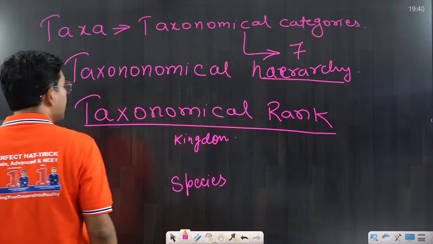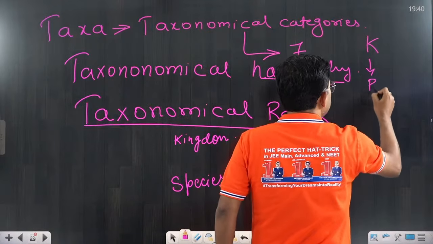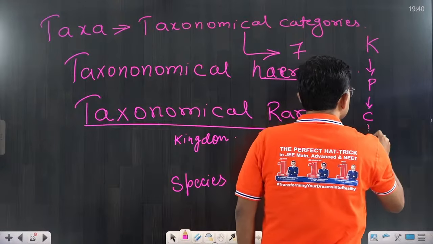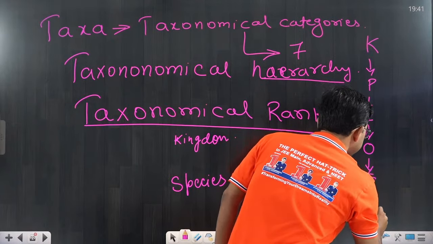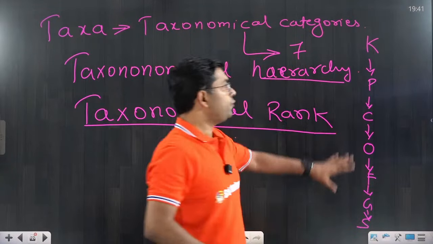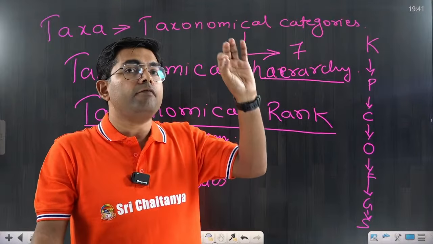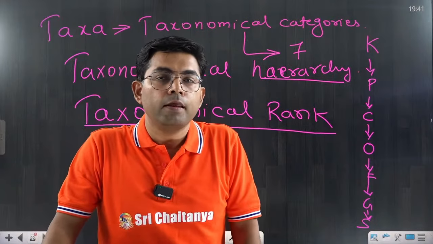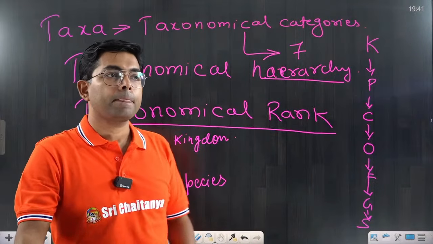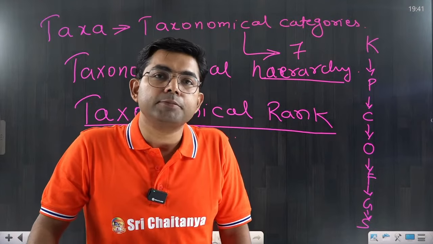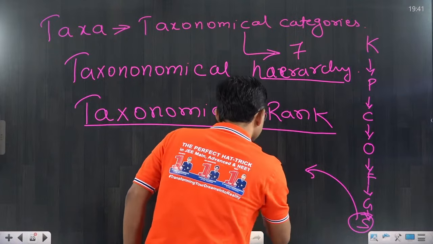Now, if I write kingdom, phylum, class, order, family, genus, and species, and I ask you which category will have maximum similarity? Answer. The answer will be species.